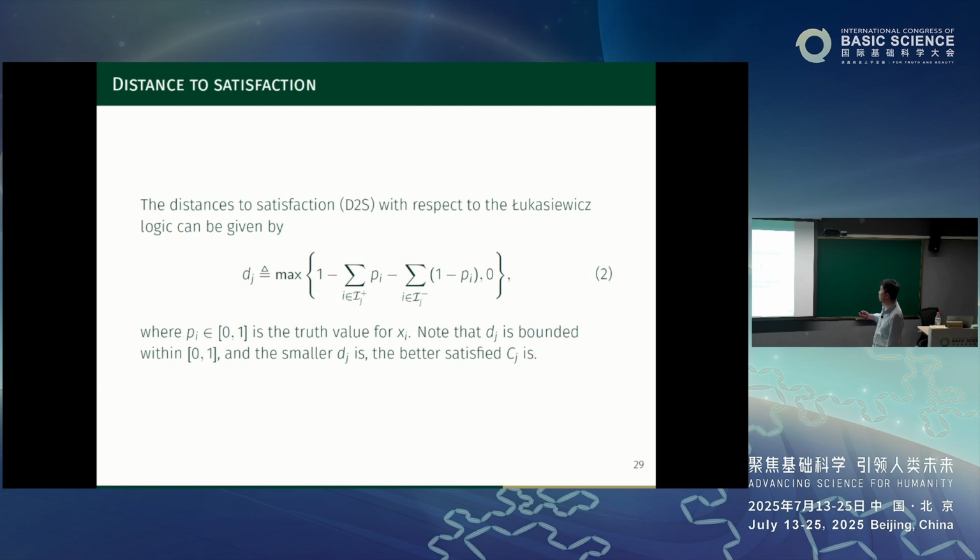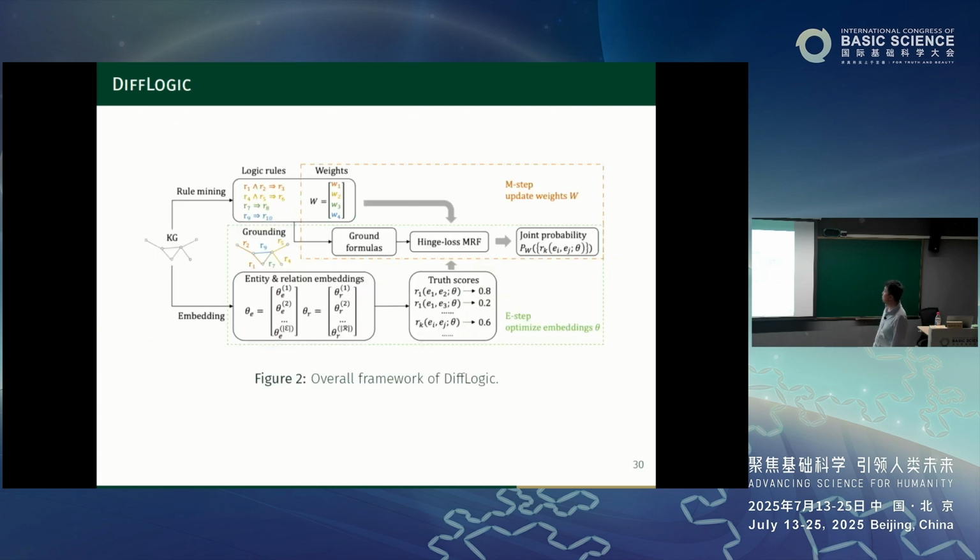With this one, we can define its joint probability. The overall framework is this one. First, you have a knowledge base. Then you have a rule mining procedure. In our numerical test, we do not have this one, but we have rules.